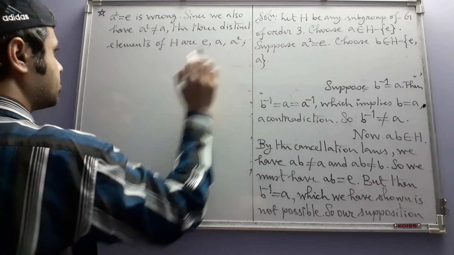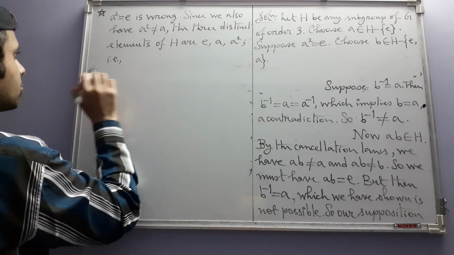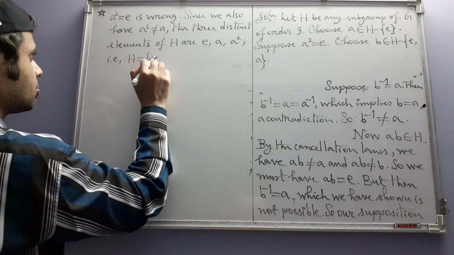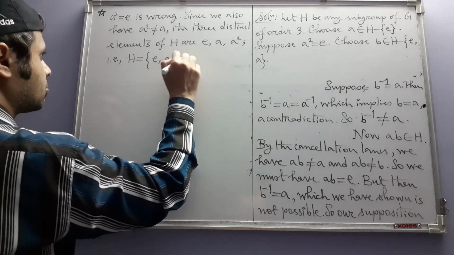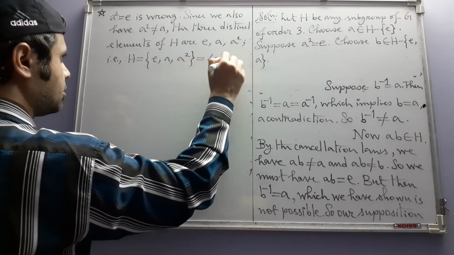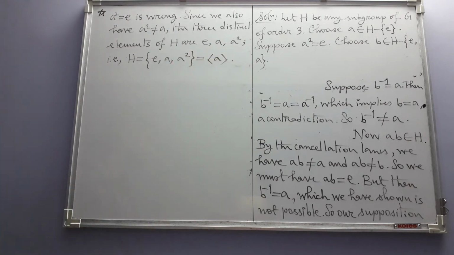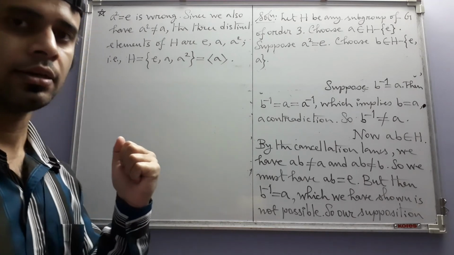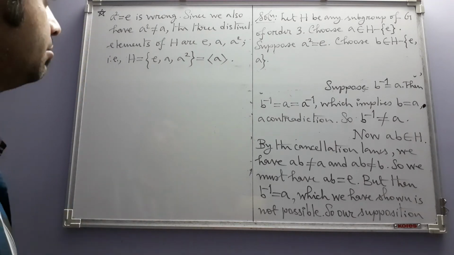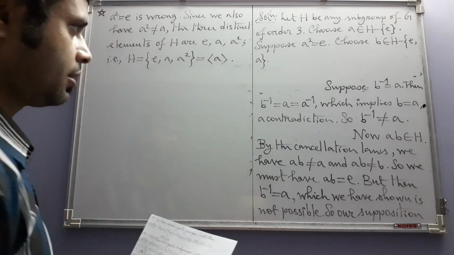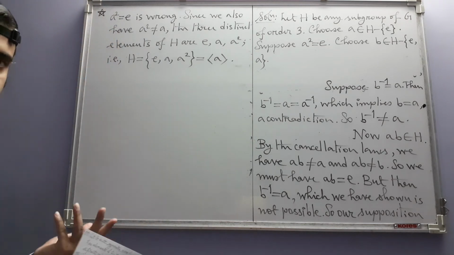That is, H is this, which is a cyclic subgroup generated by A. That's how we have shown that any subgroup of G of order 3 must be a cyclic subgroup generated by some element. Okay, now it is given that in our group there are exactly 8 elements of order 3.